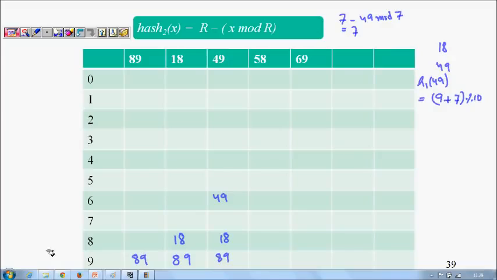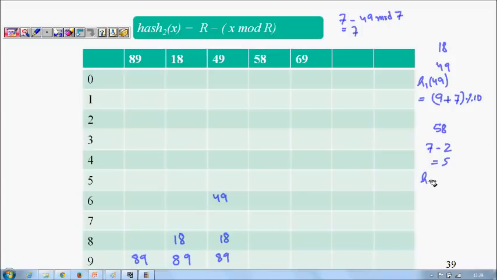Next, we try to insert 58. 58 modulo 10 will be 8, and 8 is already filled with 18. Next, we try out the next location. hash2(x) is 7 minus (58 modulo 7). 58 modulo 7 is 2, so this becomes 5.